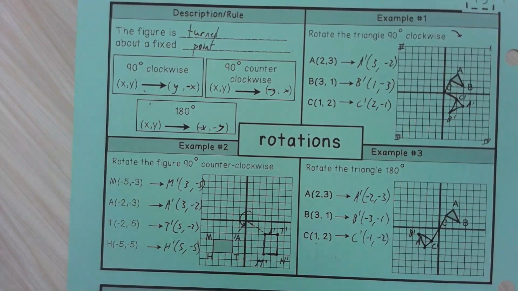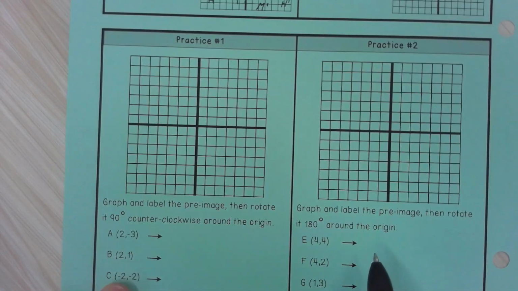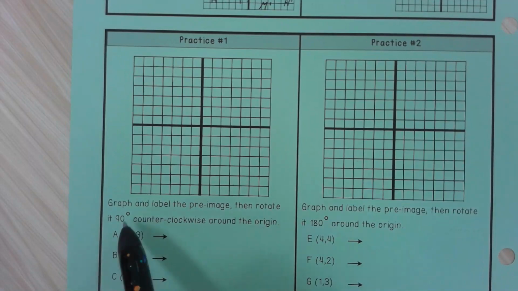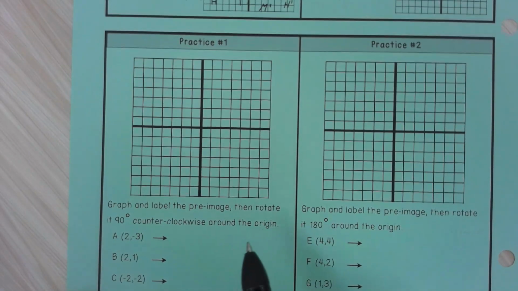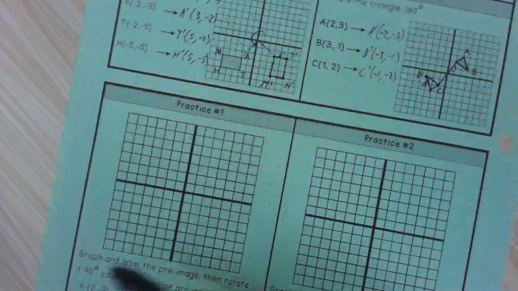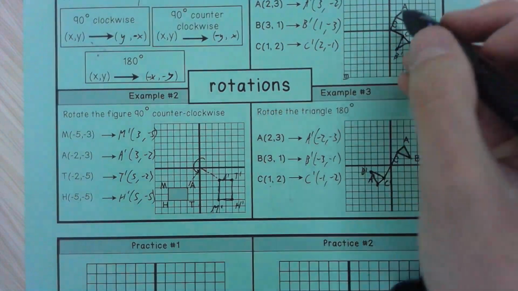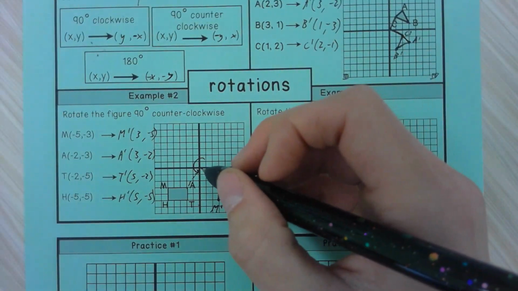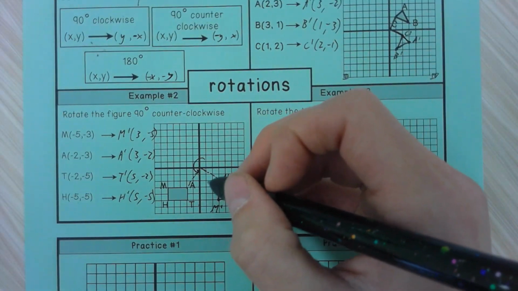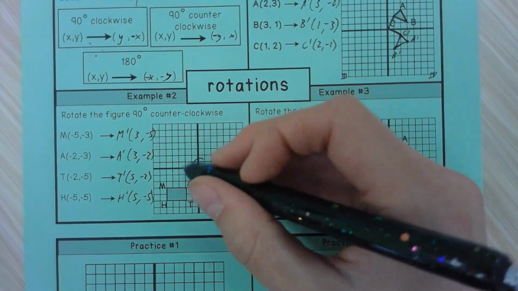Okay. We're going to go through these other two together in class and touch on a couple more things about those 90 degrees, 180 degrees. Another thing that should be noted is whether we're rotating 90 degrees in one direction or another, you could rotate the opposite direction and go more than 180 degrees.